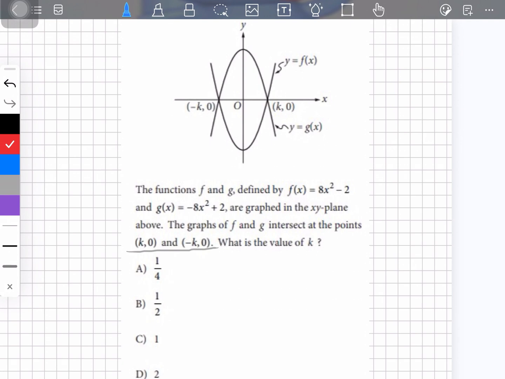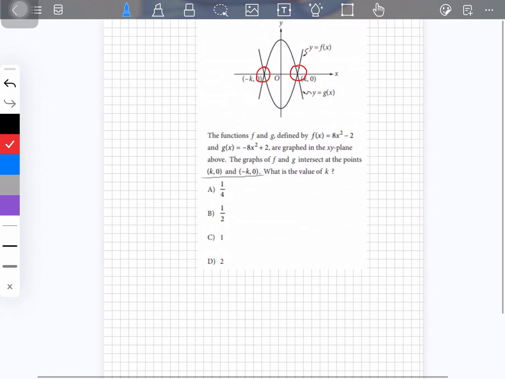It says they intersect at 2 points, this and this. Find the value of k. So this question is basically asking us to find the solution of these two parabolas.